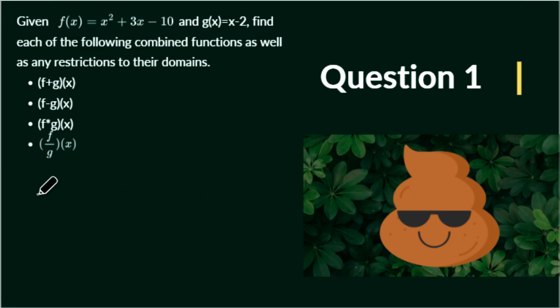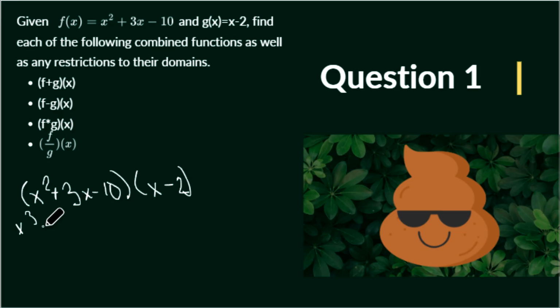Let's do the next one. We have f, x squared plus 3x minus 10, times x minus 2. We're multiplying these, so you have to distribute everything out. X squared times x is x cubed. X squared times negative 2 is negative 2x squared.